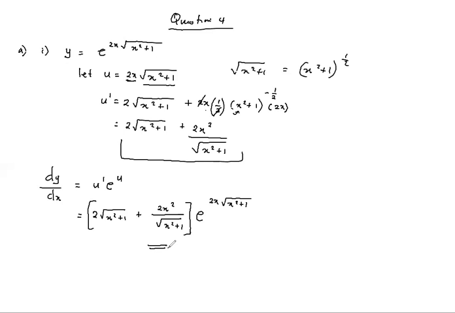So it's very easy. Now we differentiate the second one, y equals ln of x squared plus 1 over tan x. Here we use quotient rule, where we let u be ln of x squared plus 1 and let v be tan x.